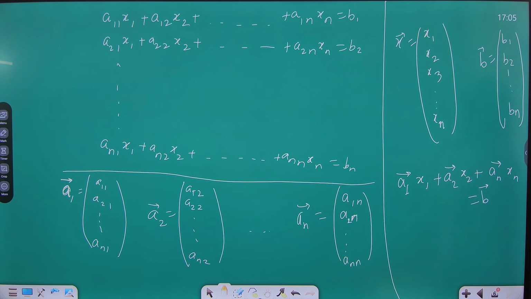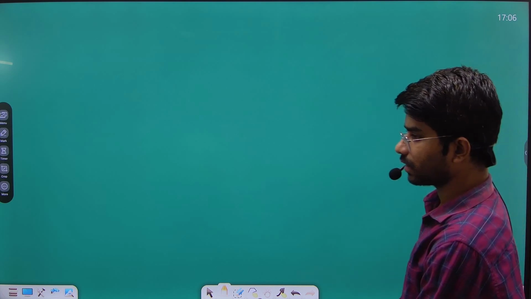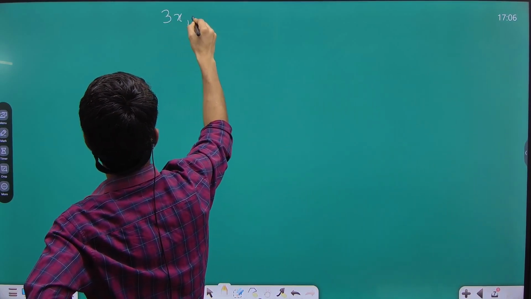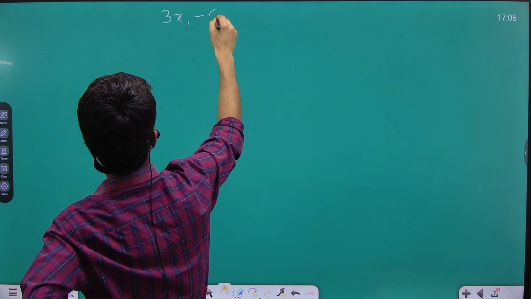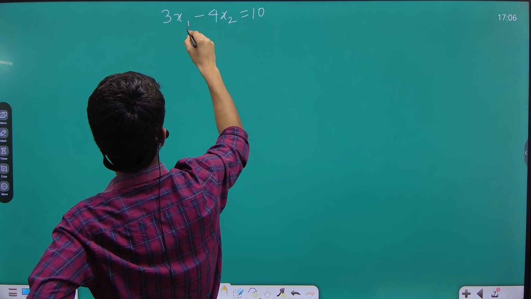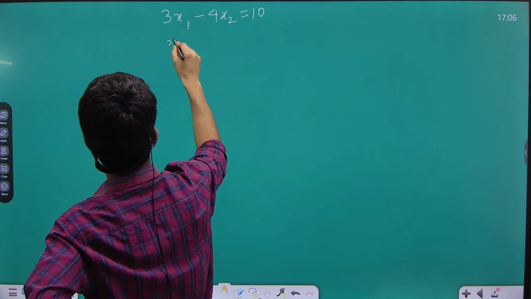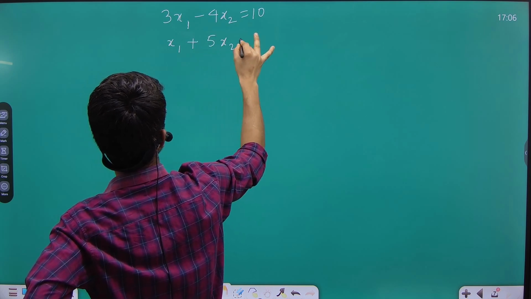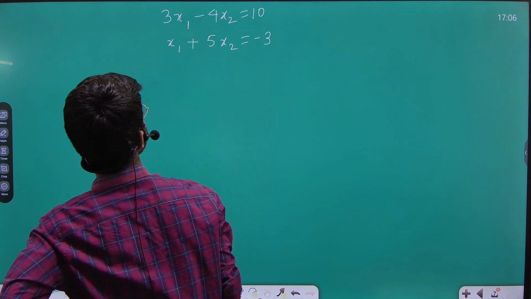So this is the representation of what we had already discussed in the last class. Suppose we have the example 3x1 minus 4x2 equal to 10, and the second as x1 plus 5x2 equal to minus 3.